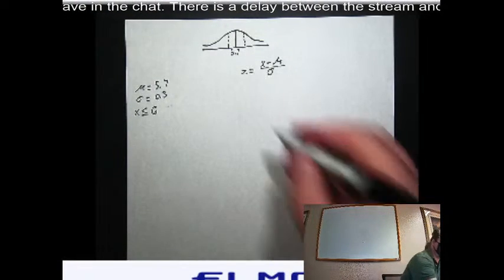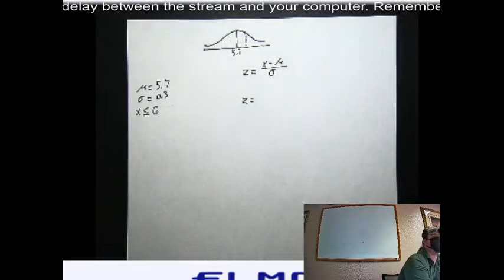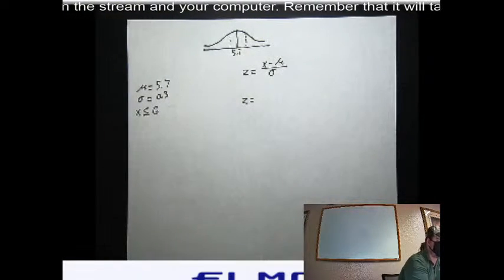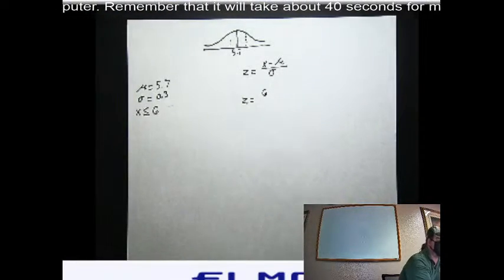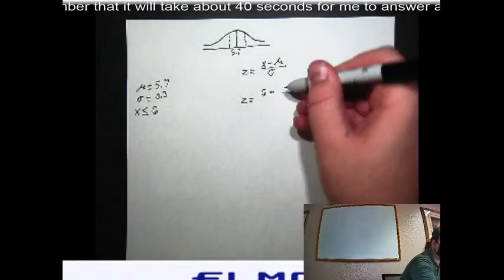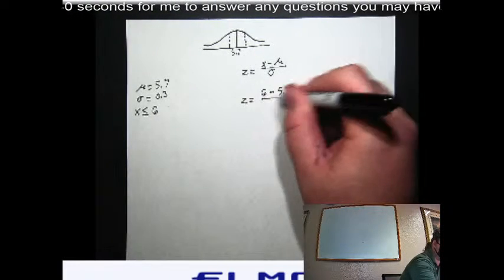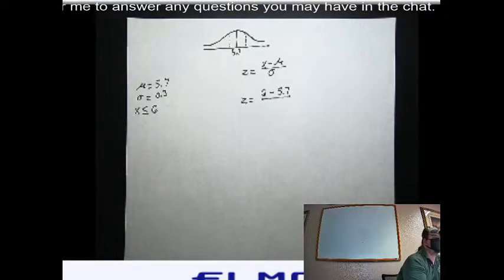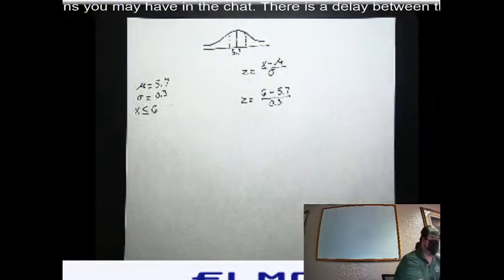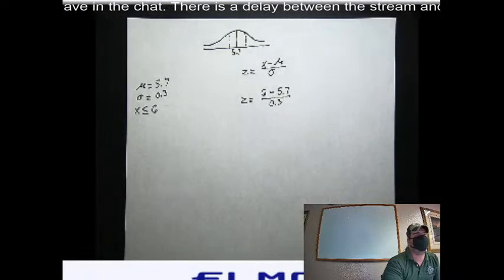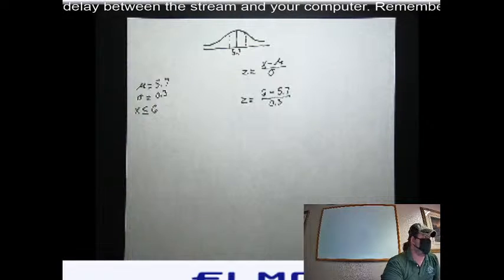So we'll plug our numbers in here. The height that we're trying to find below is 6. So people 6 feet or below, minus the mean, which most people apparently are around 5.7 feet. And then the standard deviation is 0.3. Okay.